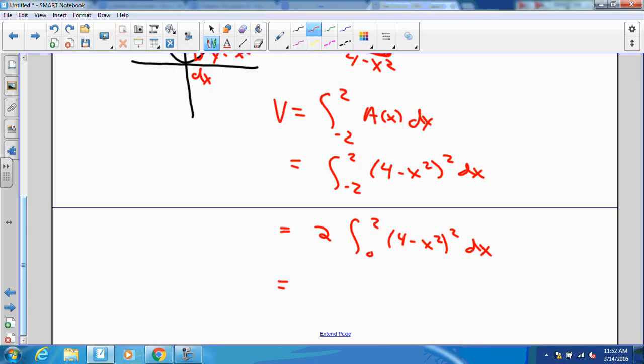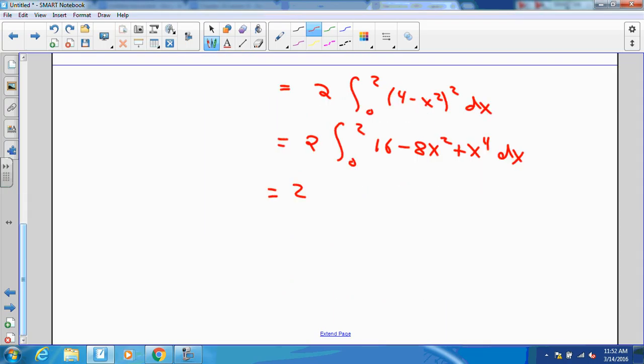Well, I've got to, but I need an antiderivative here. Algebra first, exactly. There we go. Multiply this out, I get 16 minus 8x squared plus x to the 4th. And now we've got an easy integration.